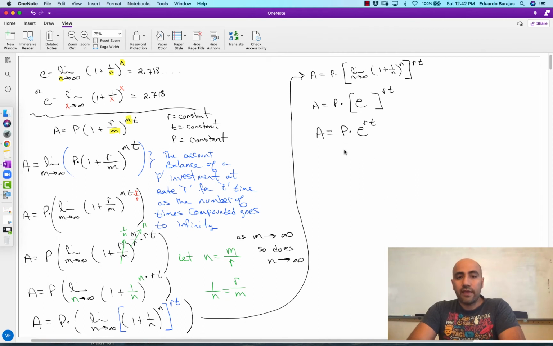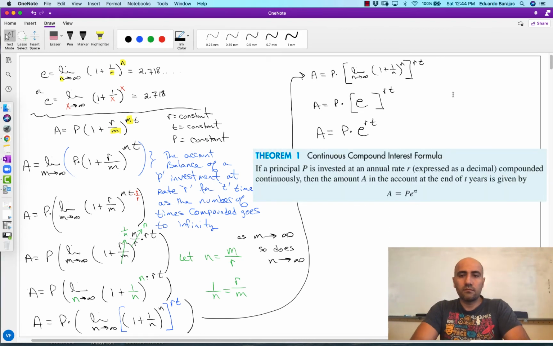So if a principal amount P is invested for a time frame T at an interest rate R, and it's compounded continuously, this formula will tell us the balance on our account. Okay, so let's look at that. Here's the formula as presented in a more organized fashion.